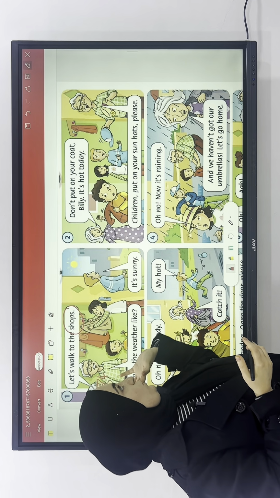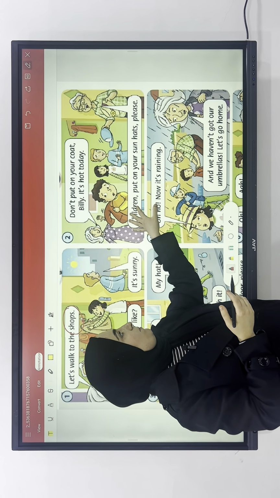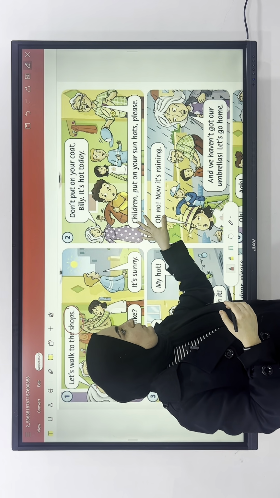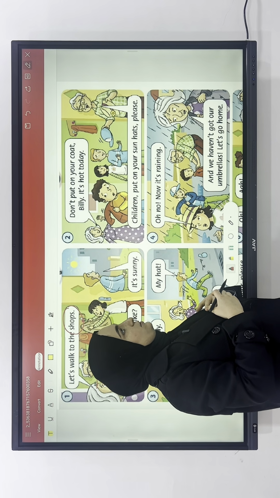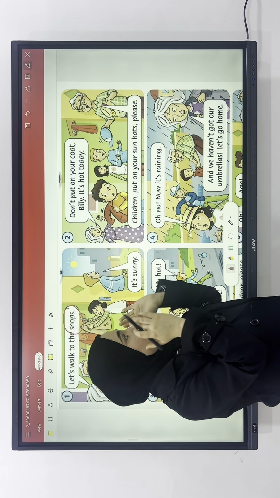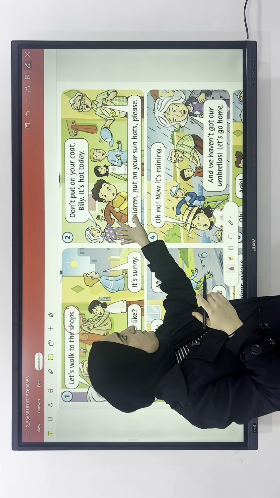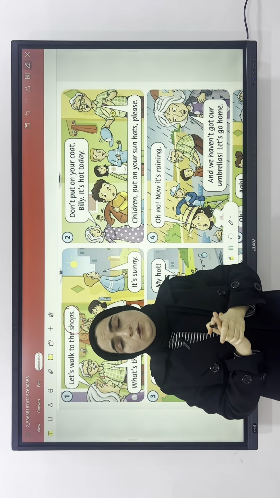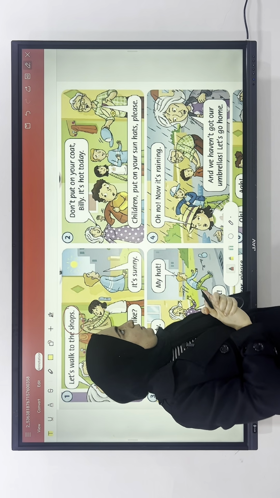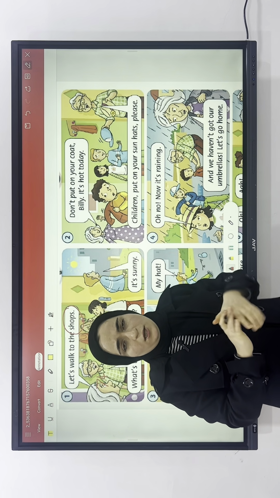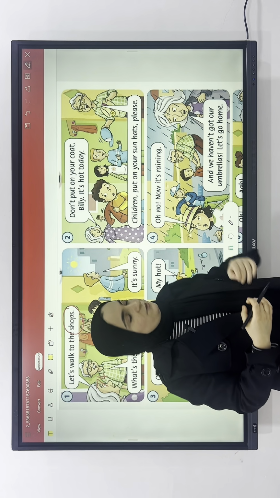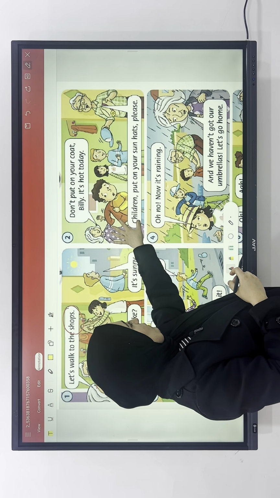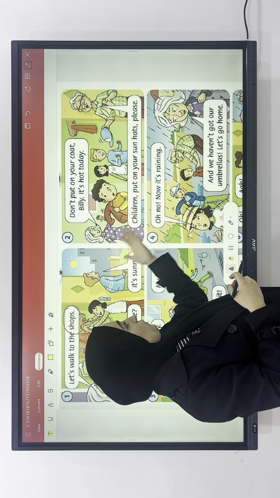In picture number 2, Billy wants to put on a coat, and Tim wants to put on a hat, a sun hat. But grandma says, don't put on your coat, Billy. It is hot today. Guys, you know that if the weather is hot, we don't wear a coat. So Billy, okay, don't put on your coat.